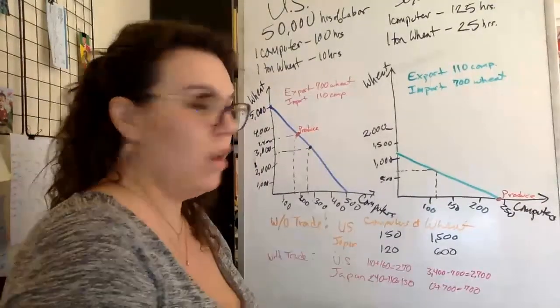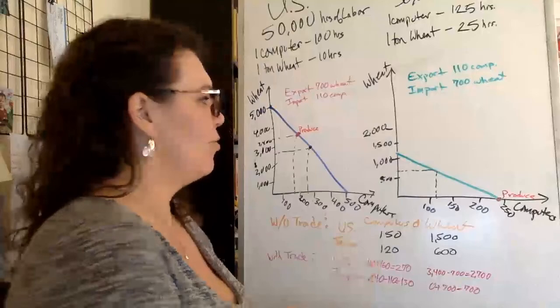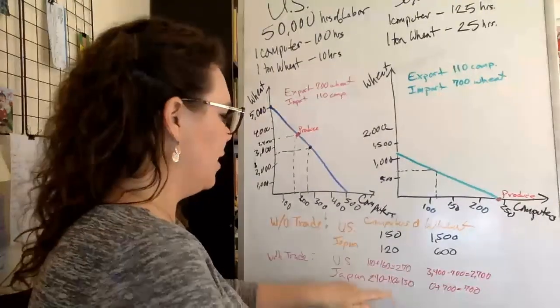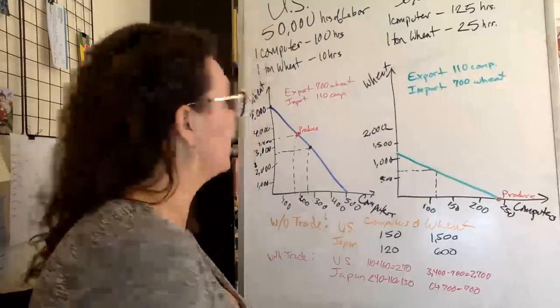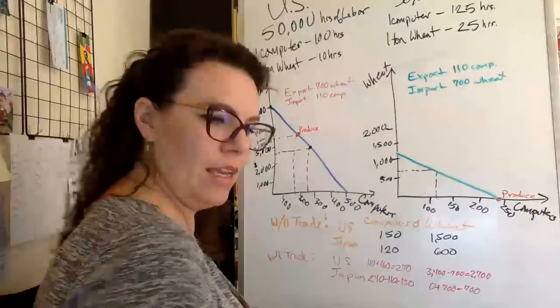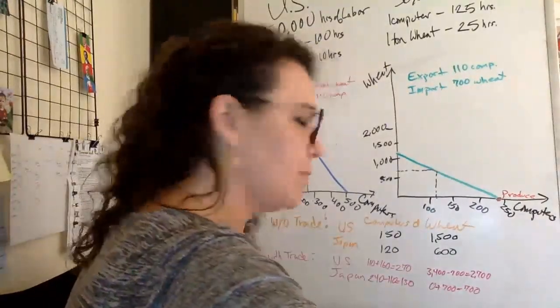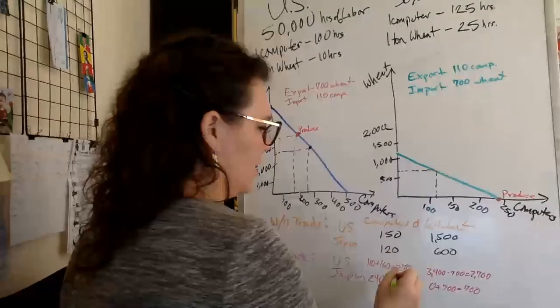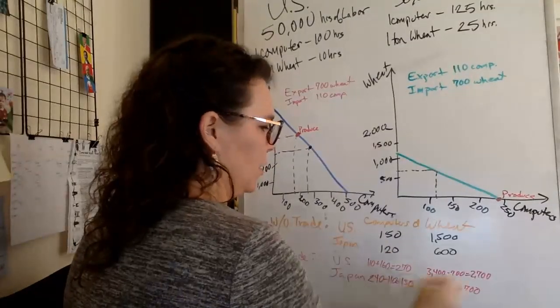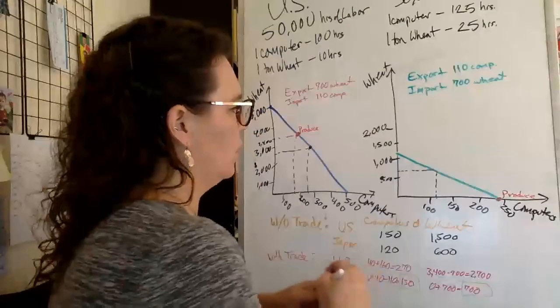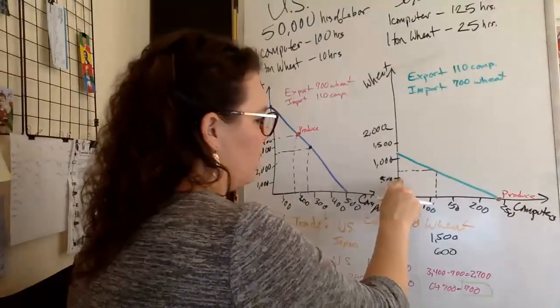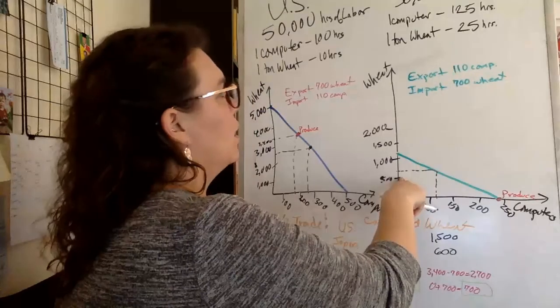Hopefully. If not, we can graph it, right? So now we're going to see that Japan's consumption point, not their production, just their consumption, is going to be this 130 computers and 700 tons of wheat. So 700 tons of wheat, this is 5, this was 6.